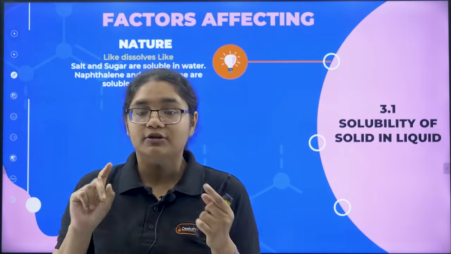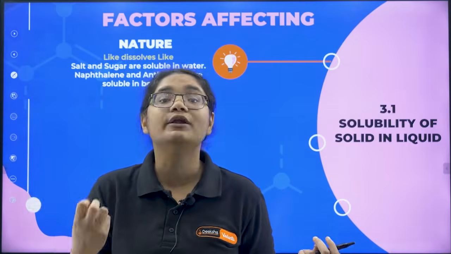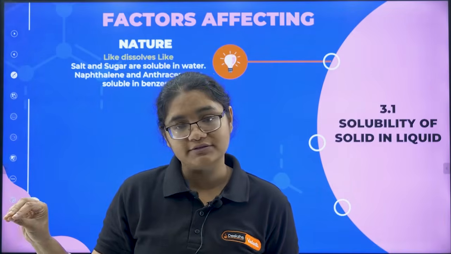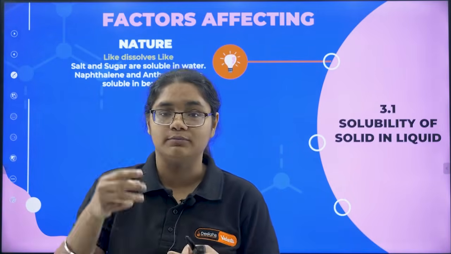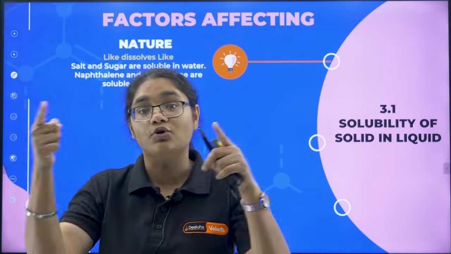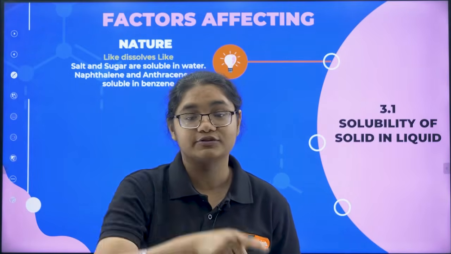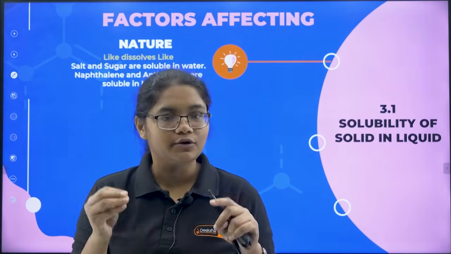Solute and solvent. So if the solute and solvent are of same nature, means polar and non-polar. If solute is also polar, solvent is also polar, then they will dissolve, means solute will dissolve in the solvent. If solute is polar but solvent is non-polar, right? Solute is polar, solvent is non-polar, then there will be no dissolving.